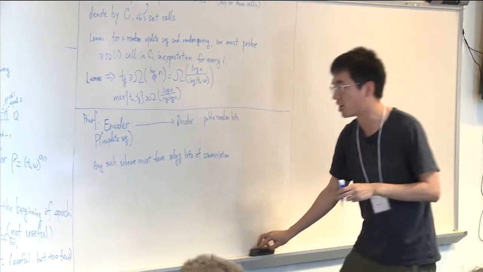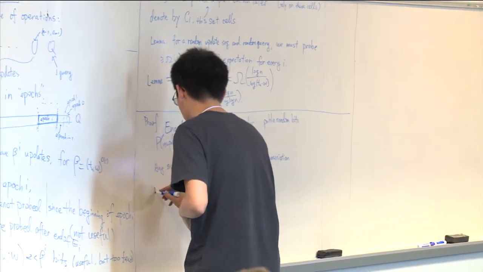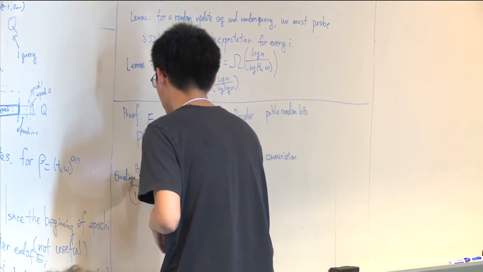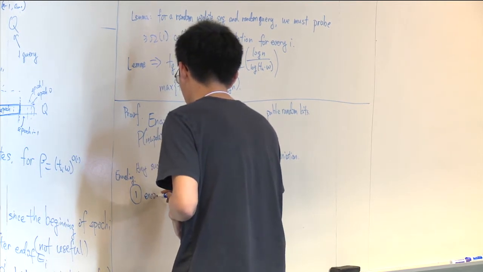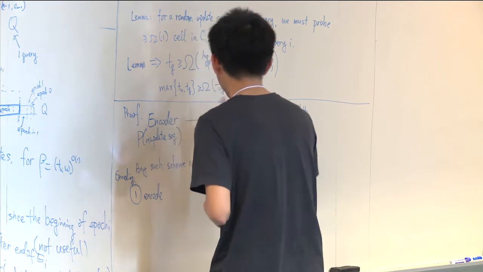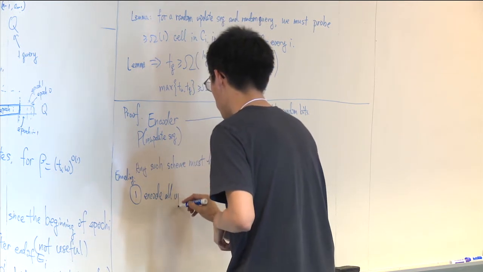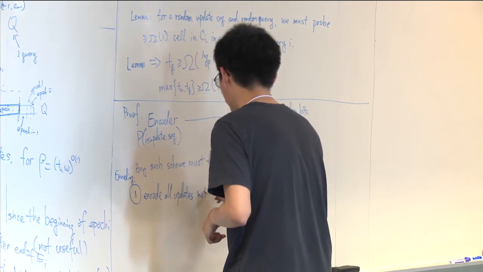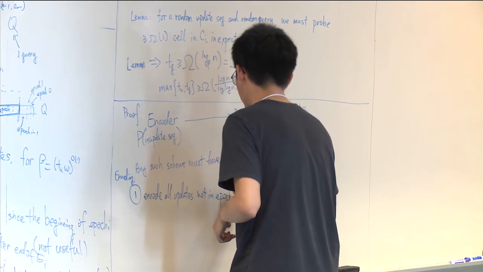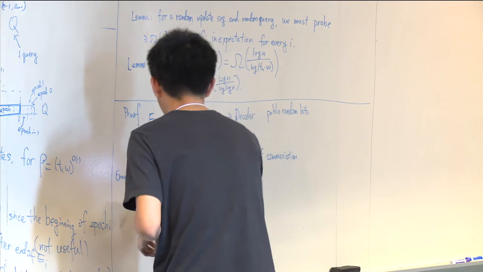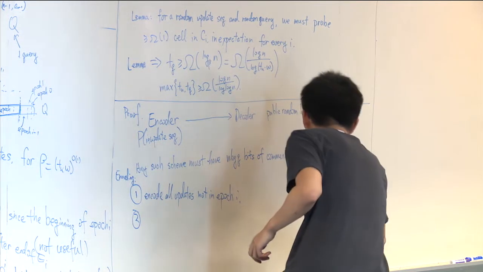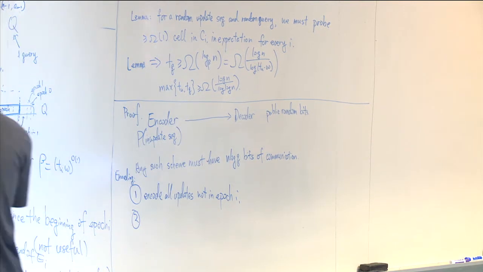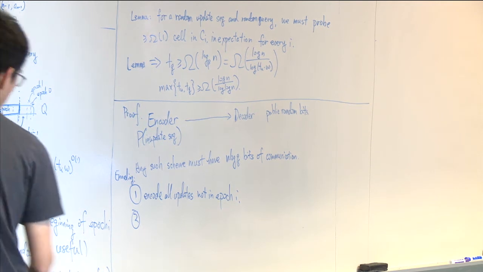So more formally, how do we do this? For the encoding process, the encoder will first encode all the updates that are not in epoch I. Naively, and then the encoder will also encode everything that is useful but not too many.